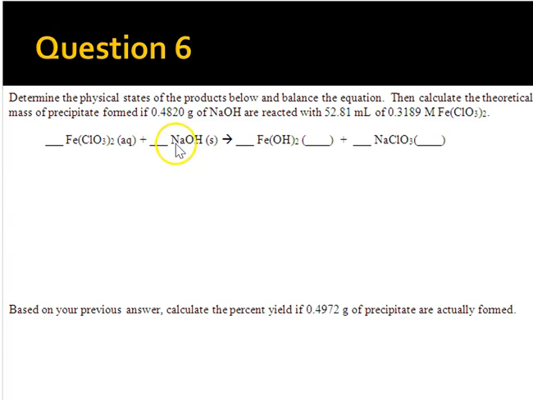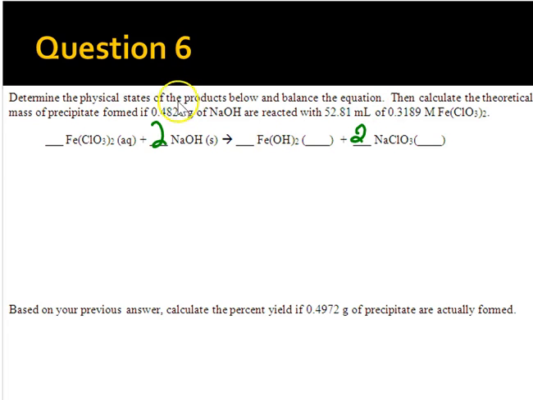Let's start over here. I've got one iron, 2 chlorates here, and 1 chlorate here. So I'm going to put a 2 right there. That changes my sodiums to 2. I've got 1 sodium here, so I need to put a 2 there. And then 2 hydroxides, 2 hydroxides. So there we go. 1, 2, 1, 2 is going to balance that out.